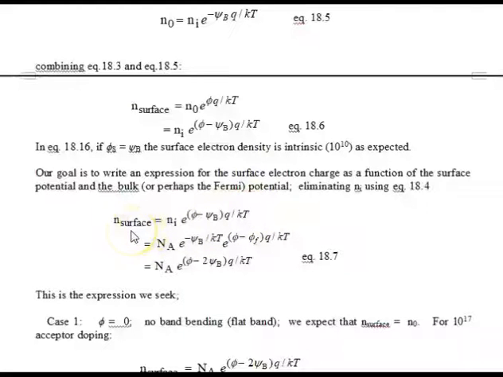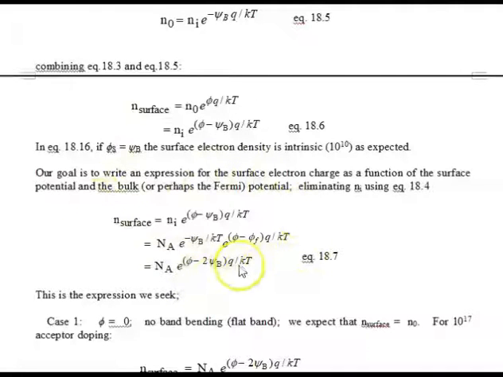So N surface, in that case, would be N sub A. So if phi is equal to 2 phi b, then the surface charge will be equal to the doping density, or 10 to the 17th, and that is threshold, more or less, that is the onset of strong inversion.